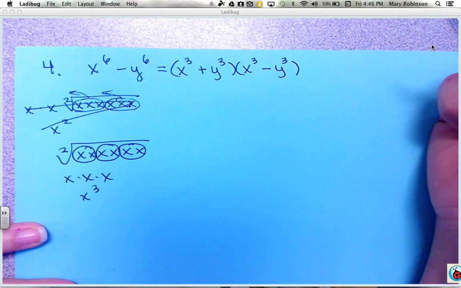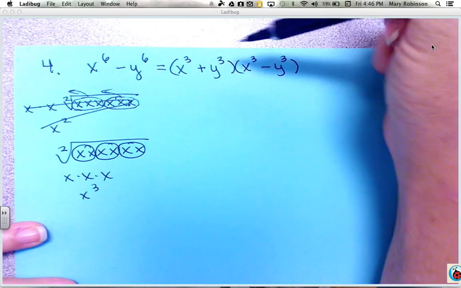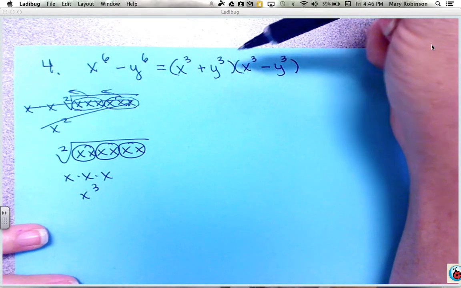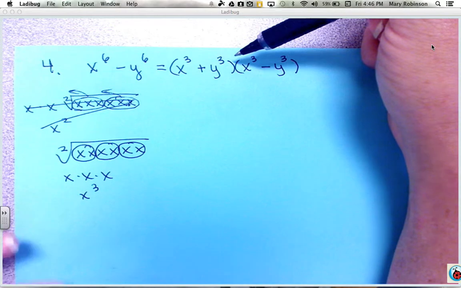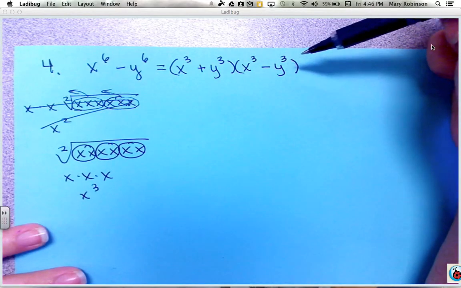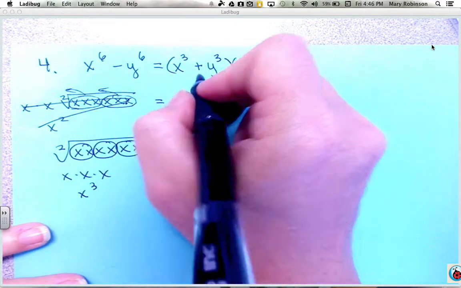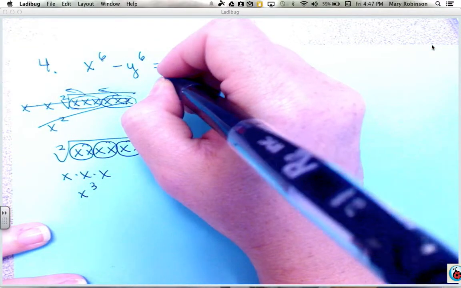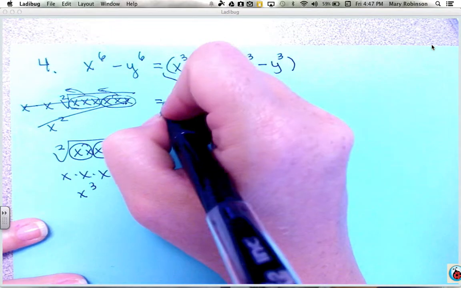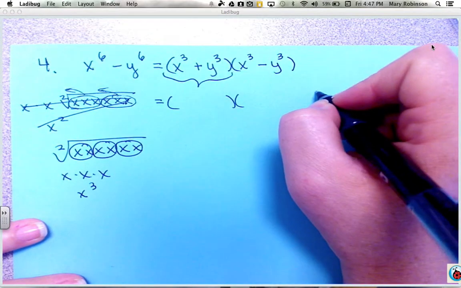Well, let's take a look at what we have now. It appears here that we have a sum of cubes. It appears here that we have a difference of cubes. So now we need to deal with that aspect. I'm going to take this sum of cubes and deal with it first.